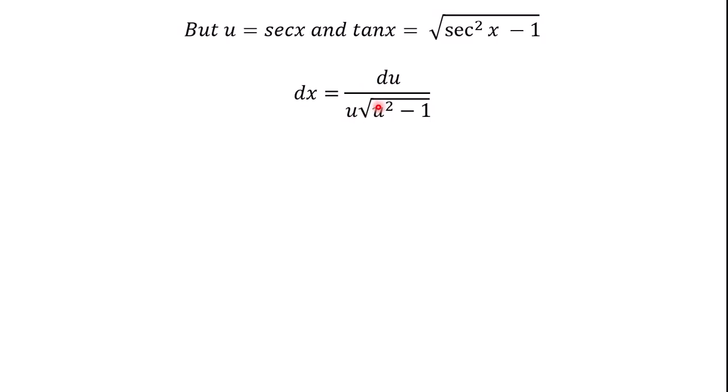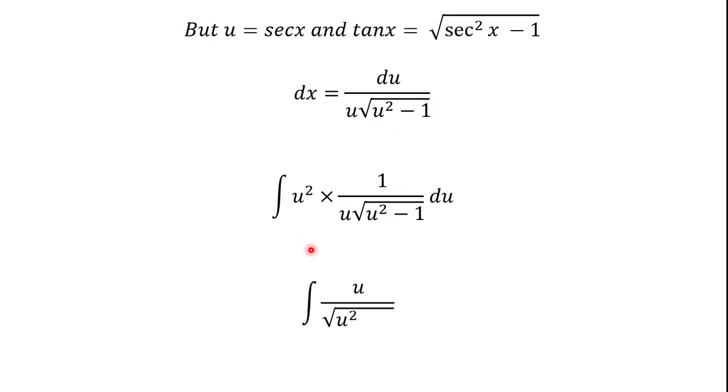Now let's put this into the integral and continue from there. u squared times 1 over u multiplied by the square root of u squared minus 1. Now this u will cancel out with this one. It will be left with u over the square root of u squared minus 1.